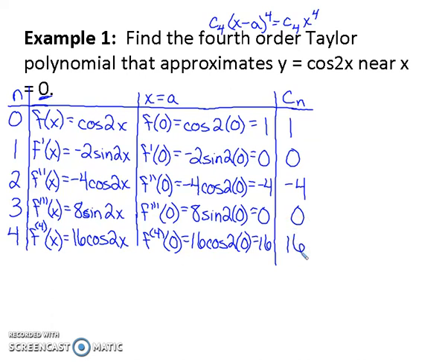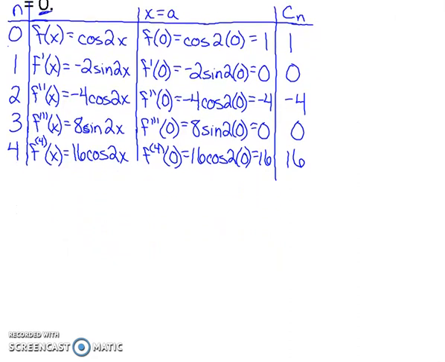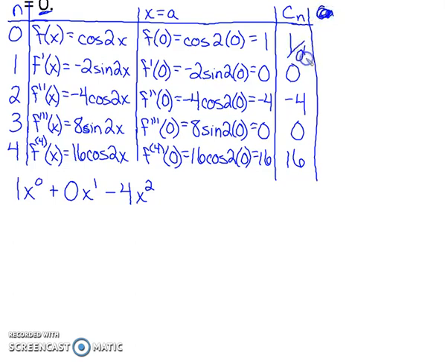Okay, so now that last column becomes the coefficients in front of my x minus a to the n terms. Since a is 0, my first coefficient is a 1, and it would be times x to the 0. Then my next coefficient is a 0 times x to the first. My next one is a negative 4, which would be times x squared. But remember, it's c sub n over n factorial.